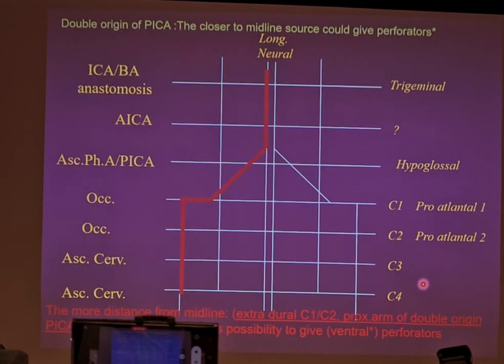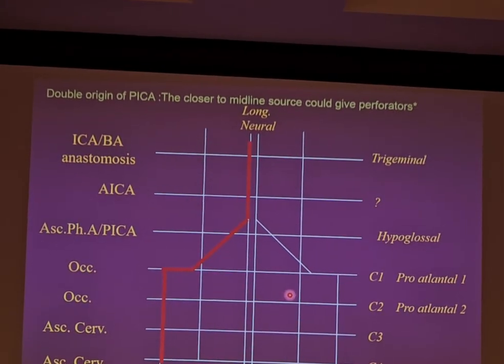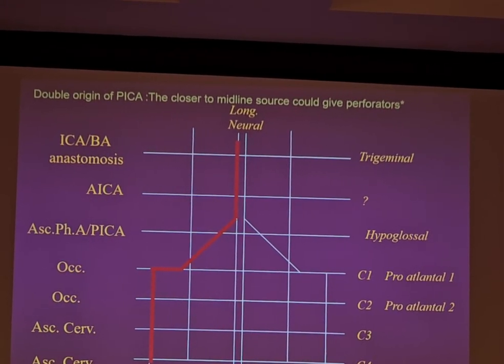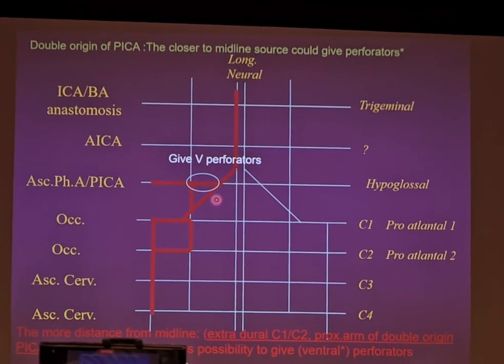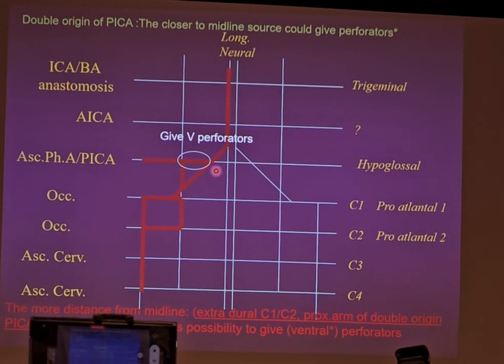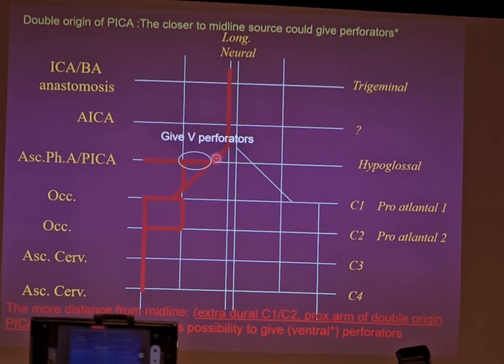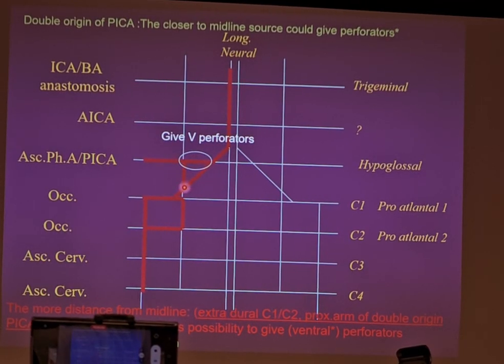So let's start to see. Okay, in double origin of PICA, this is the double origin of PICA. This is the one close to the midline, so it has the chance to give perforators, while this arm is relatively far from the midline. You understand? So there is less chance to give perforators.